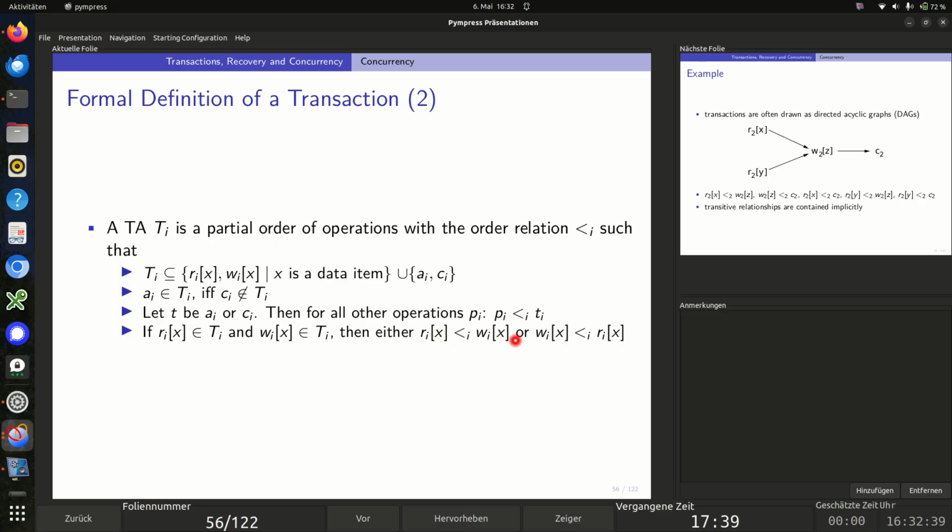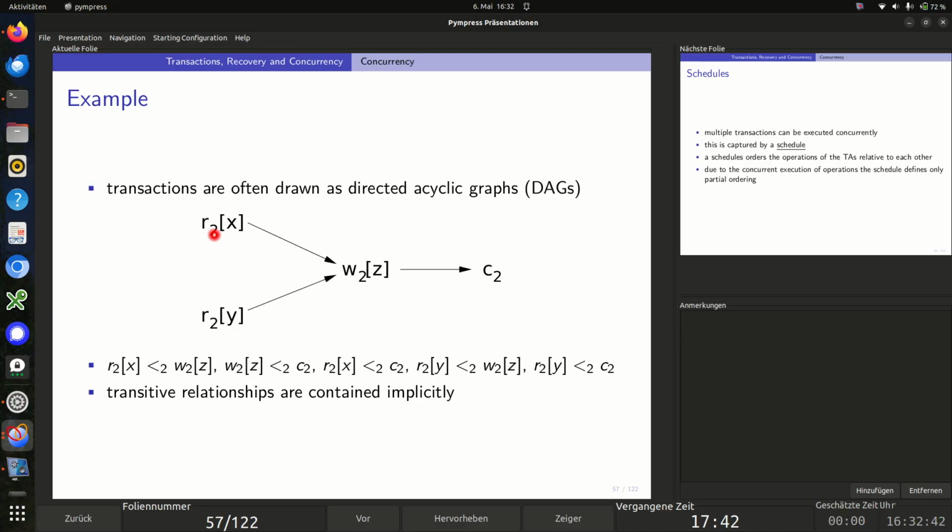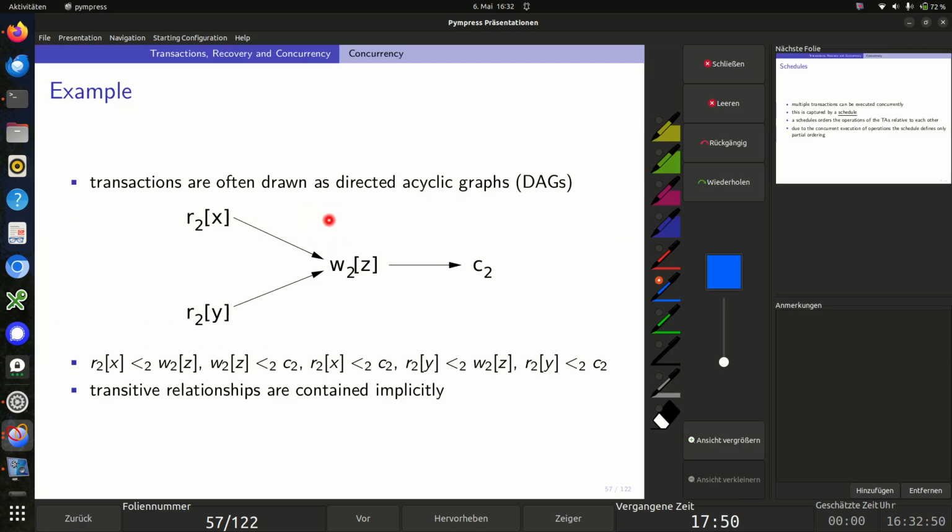For every read and write, we need an ordering. It is not of importance which item must be read first, but for a write there's always an ordering, because, for example, z could be equal to the value of x plus y. Therefore, as soon as we have a write within a transaction, we need an ordering, but reads don't. Reads can be independent, but for a write there's always a dependency, because the write can require the operations done before.